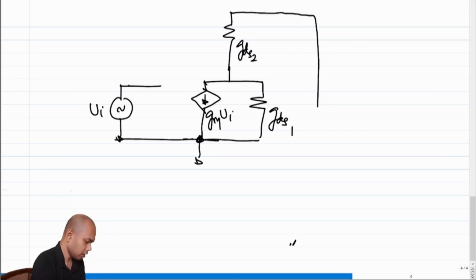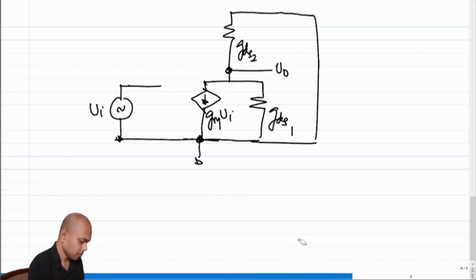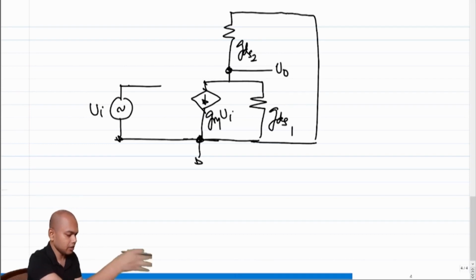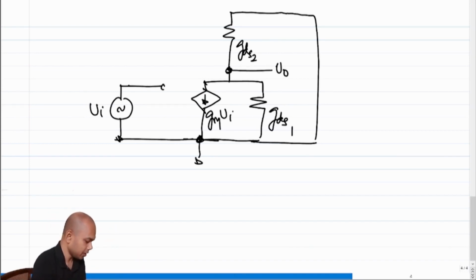And this is also grounded, and this is V0. Everything else went off, right? This is the beauty of analog circuits. This is the beauty of approximations. Once you know how to simplify a circuit, then everything becomes very simple. And we have seen this architecture multiple times.